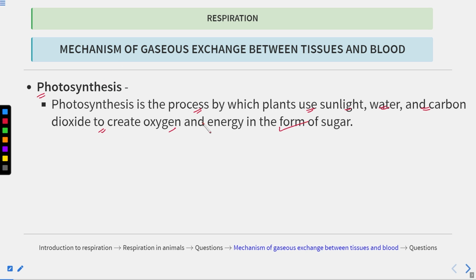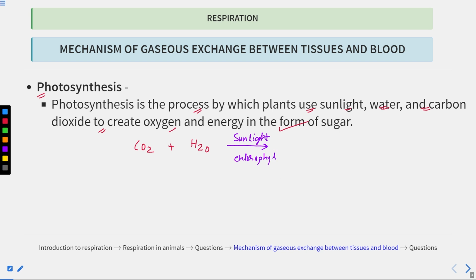What is the equation for photosynthesis? We can write here carbon dioxide combines with water, and in the presence of what? In the presence of sunlight as well as chlorophyll.